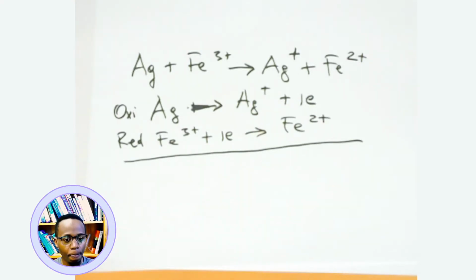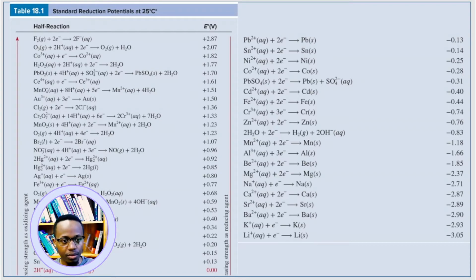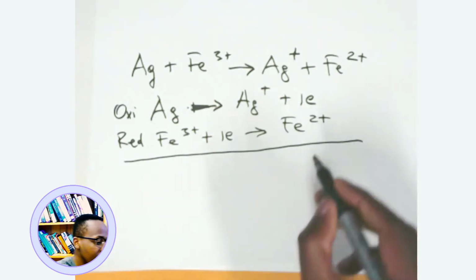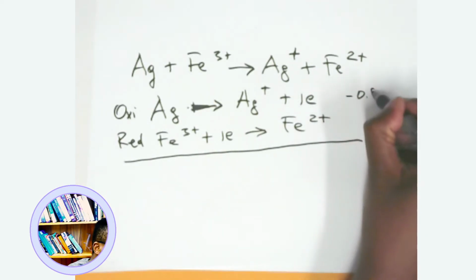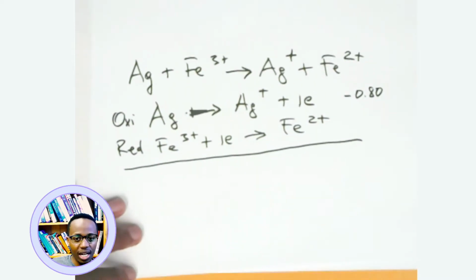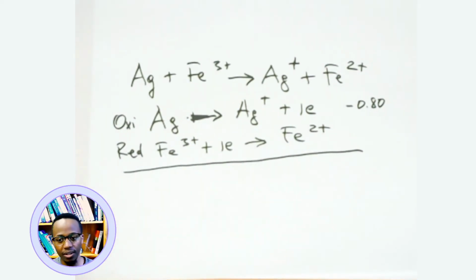So here you have Ag, which is plus 0.8. We're going to have here negative 0.8 volts, because this is the opposite of what we have written as reduction, because this is oxidation. But that's for Ag.